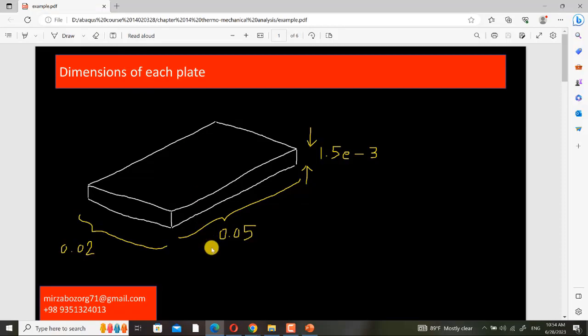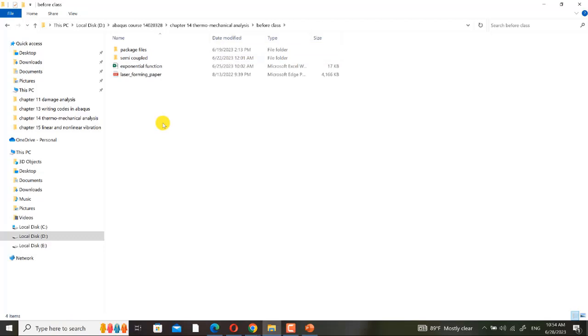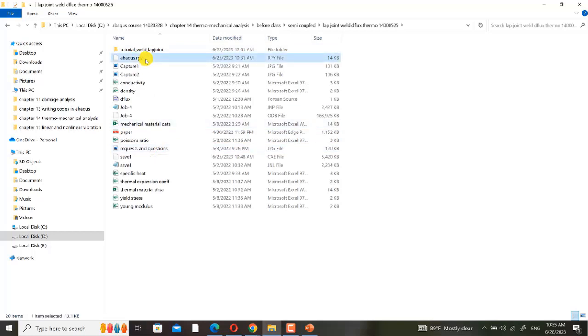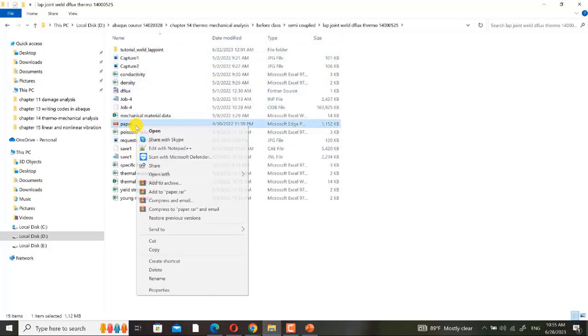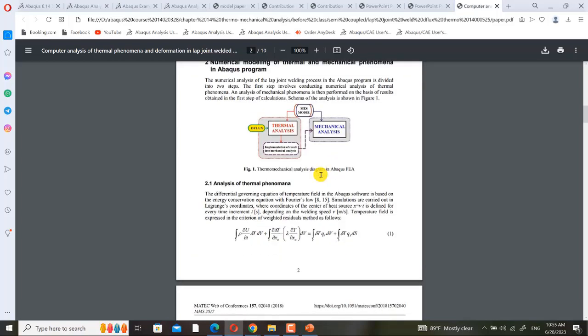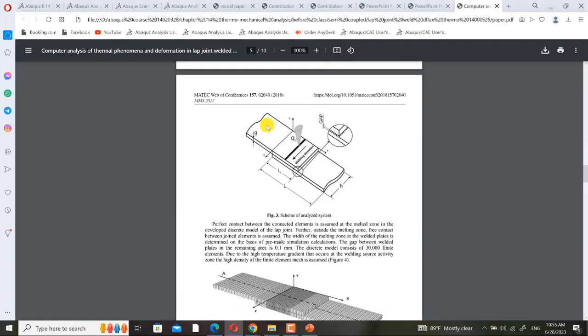This is our example. It's based on this paper: Computer analysis of thermal phenomena and deformation in lap joint welded by a laser beam. I want to solve this problem. This is a lap joint.